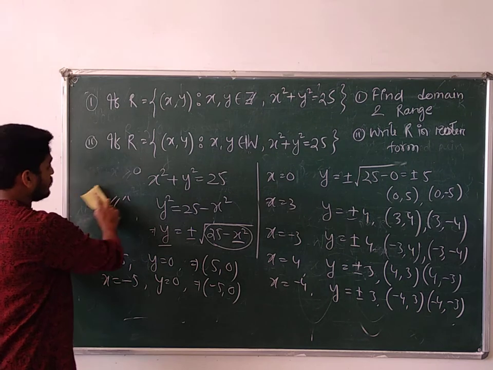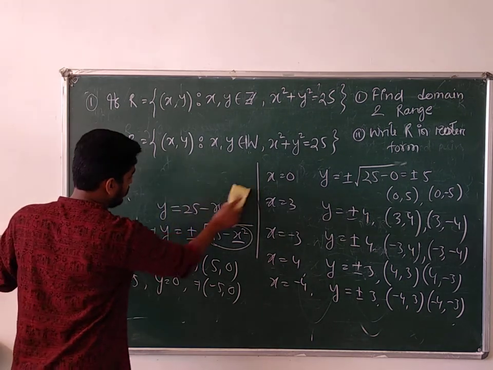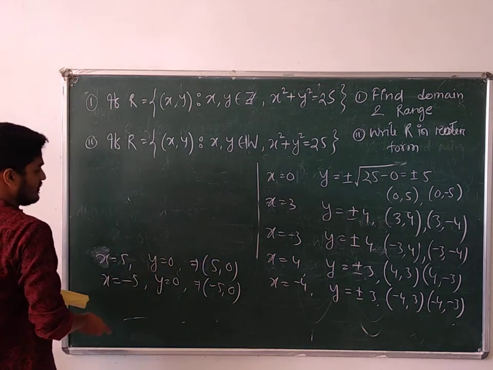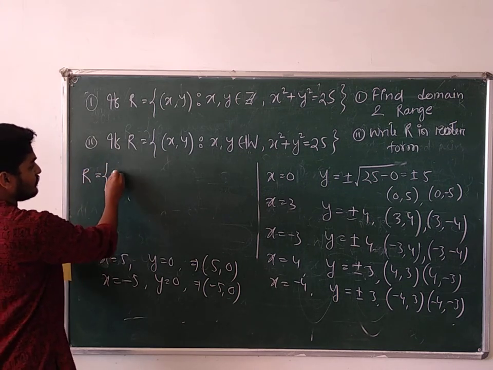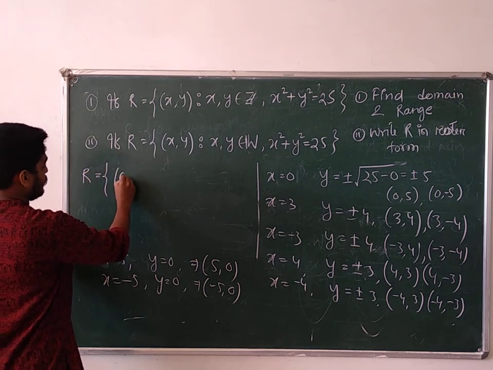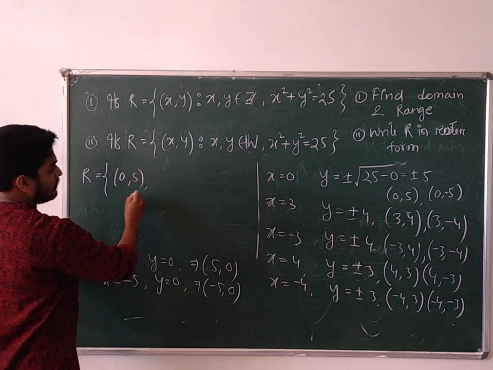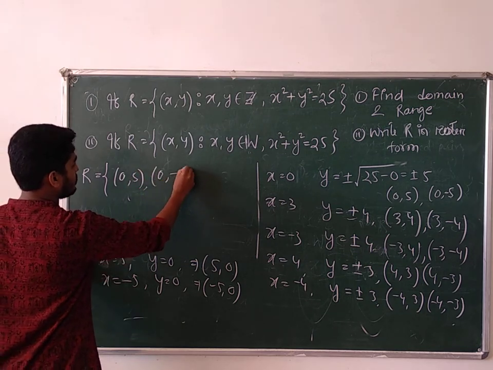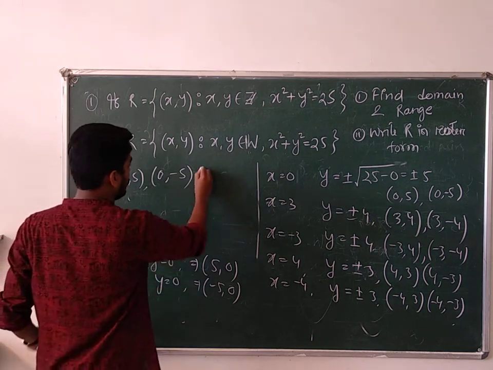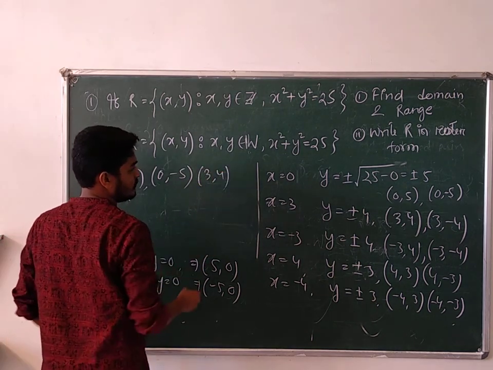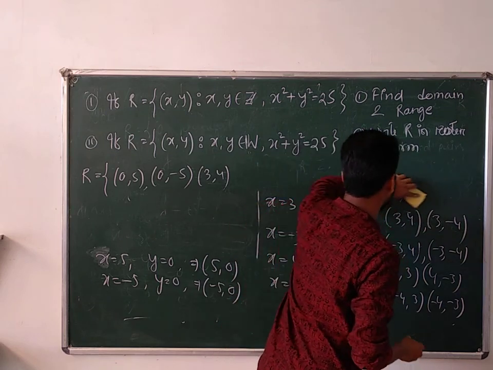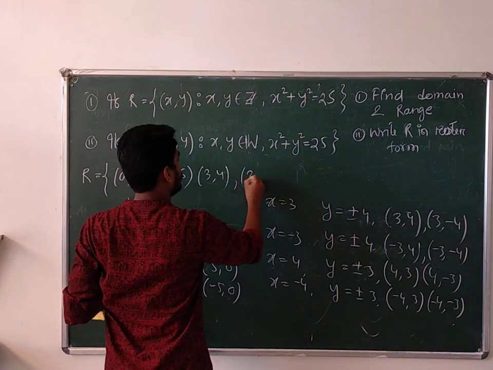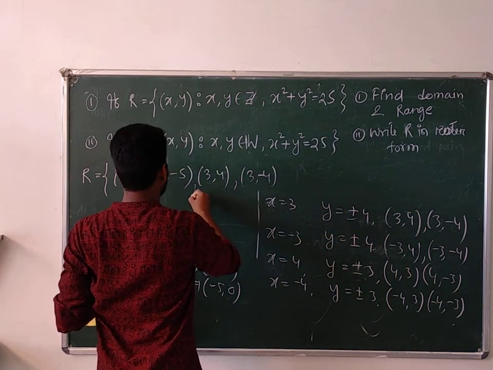So now we are getting the values of x, that means we are getting the relation in roster form. What are the corresponding ordered pairs? It will be (0,5), (0,-5). Am I correct? Next one is (3,4), (3,-4). Okay, (3,-4), is it clear?